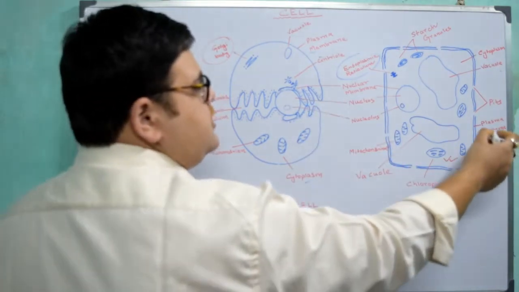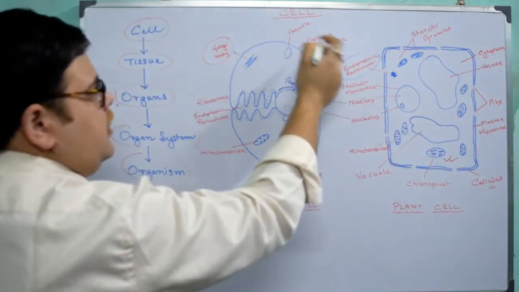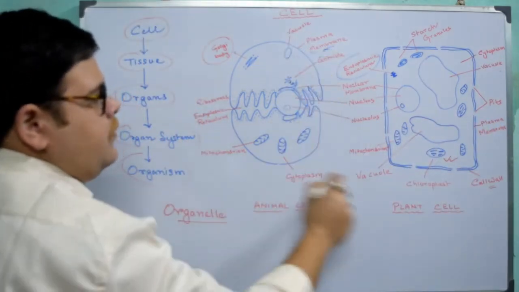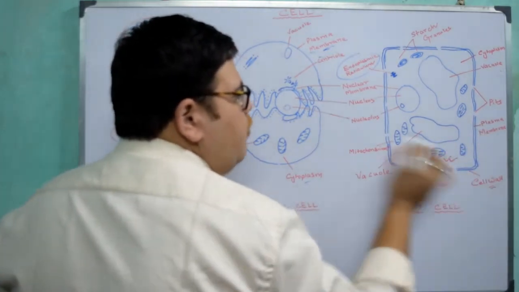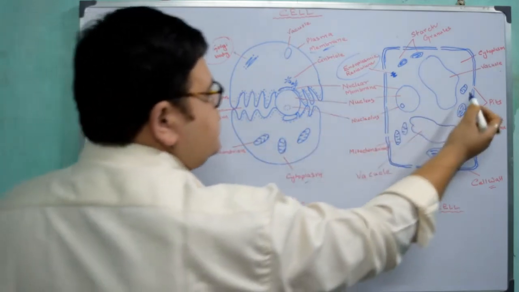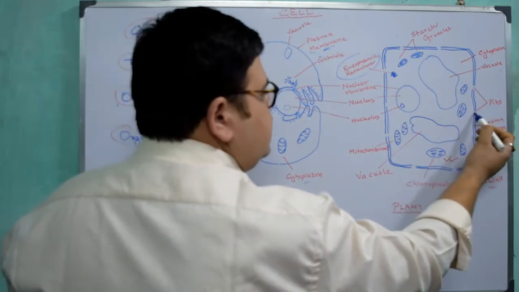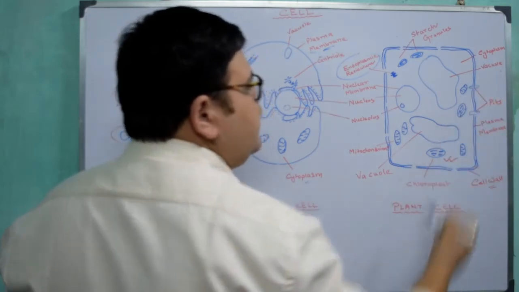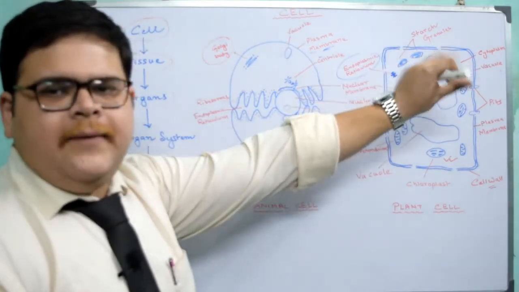The cell wall I've already mentioned. Here we have only plasma membrane, and in plant cell the plasma membrane is on the inner side and the cell wall is on the outer side. Also there are some gaps in plant cell, which are known as pits, and we have starch granules, right?